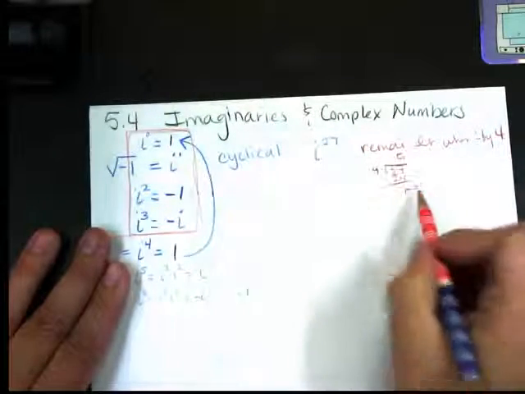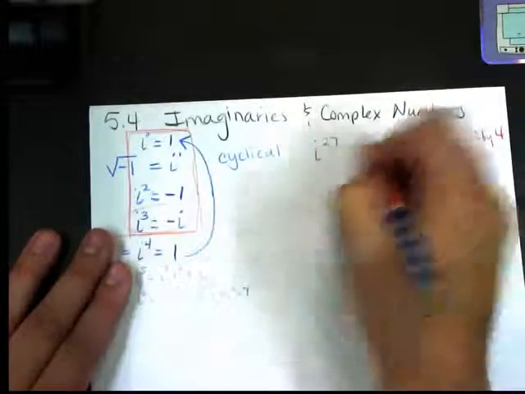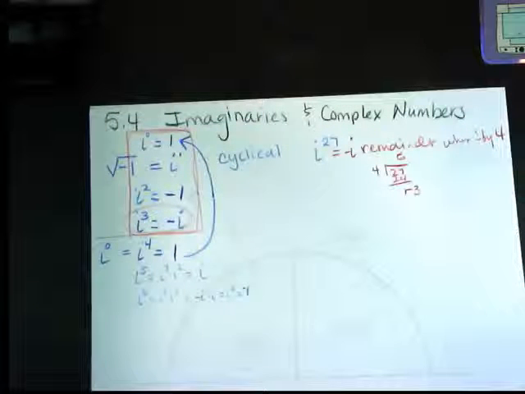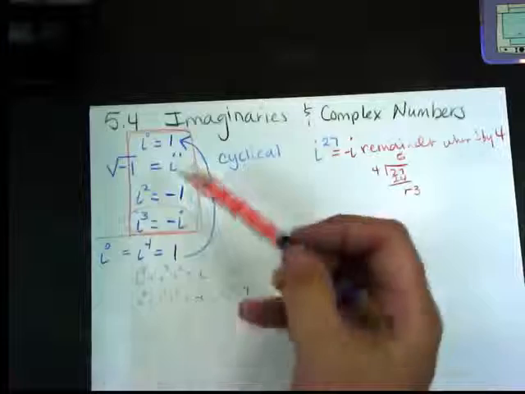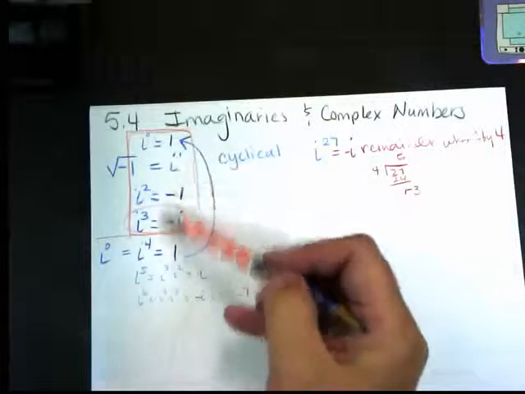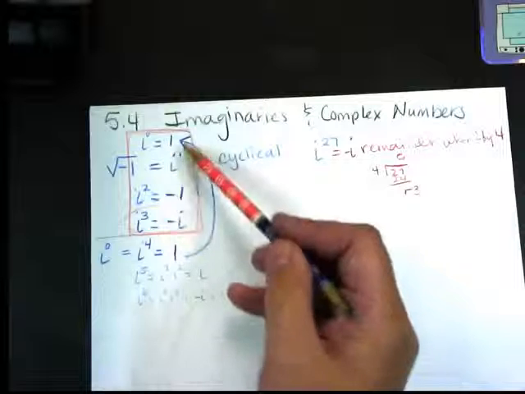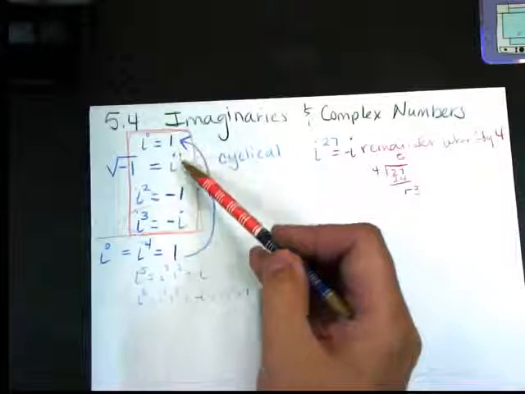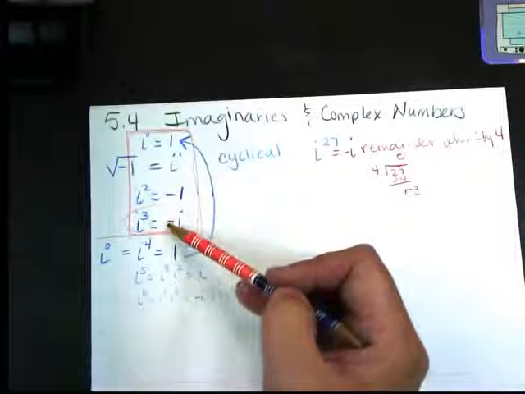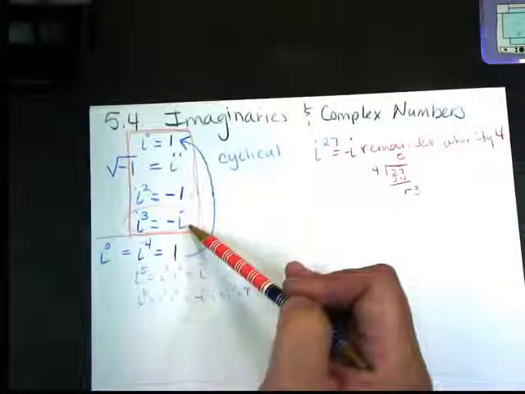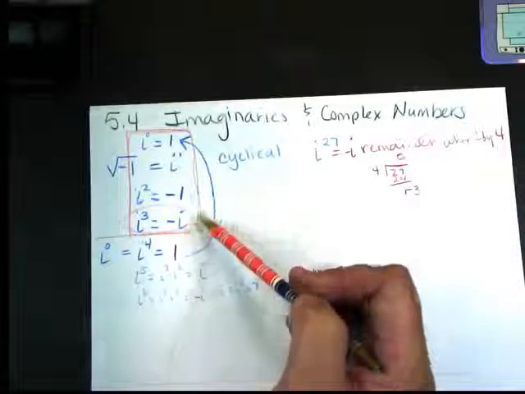So i^27 is actually negative i. And if I'm sure, again, I can count. 0, 1, 2, 3, 4, 5, 6, 7, 8, 9, 10, 11, 12, 13, 14, 15, 16, 17, 18, 19, 20, 22, 23, 24, 25, 26, 27. i^27 is negative i. We don't want to count every time.